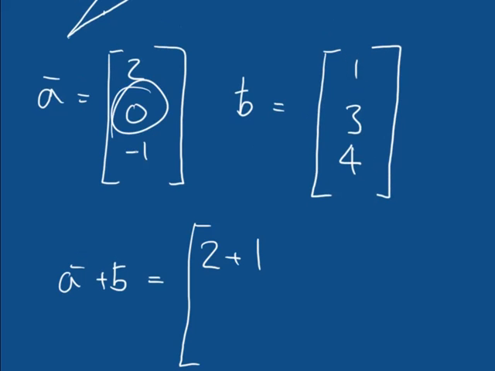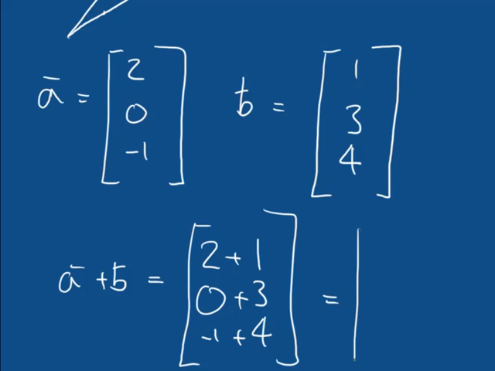We take the second component, 0, add that to the second component of the second vector, so add 3. Then we take the third component of the first vector, which is -1, and add that to the third component of our second vector, which is 4, which in this case is actually going to give us the vector 3, 3, and 3.